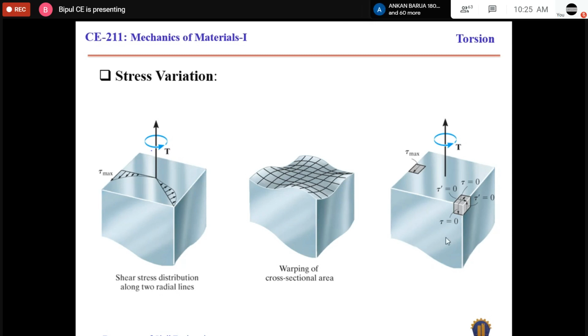Okay, but this end is free. This surface is free of applied stress. So, according to boundary condition, there is no applied shear stress. So as there is no stress, there will be no stress. That means at this corner, no shear stress will be developed due to the applied torque.